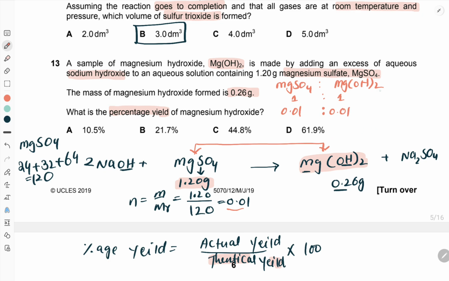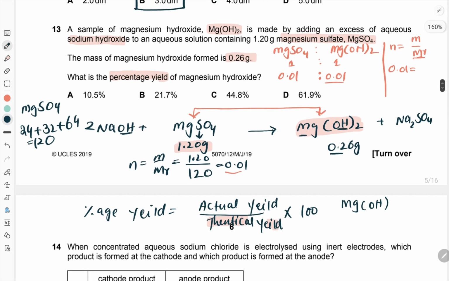But we want to calculate the mass. To find the mass, we can again apply this formula, m over Mr. Now we have the moles. By calculating Mr, we can find the mass. So let's find the Mr of magnesium hydroxide. Magnesium is 24. There is one magnesium. Since there is a bracket, I will write plus. Outside the bracket there is 2.